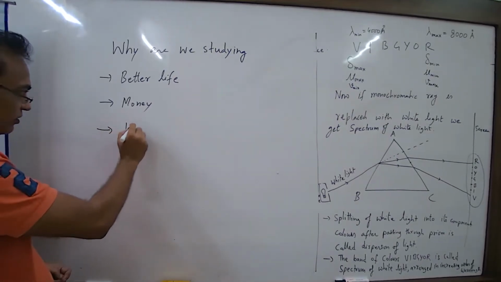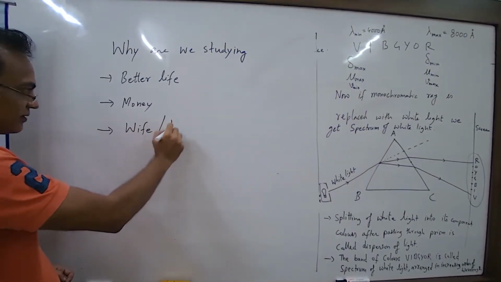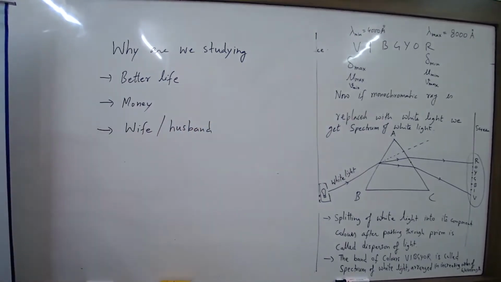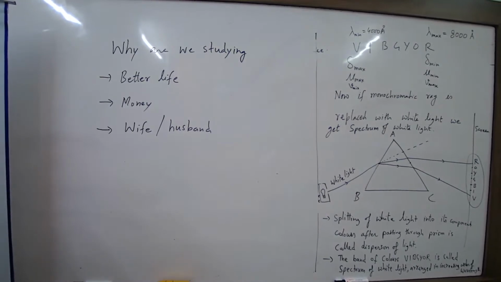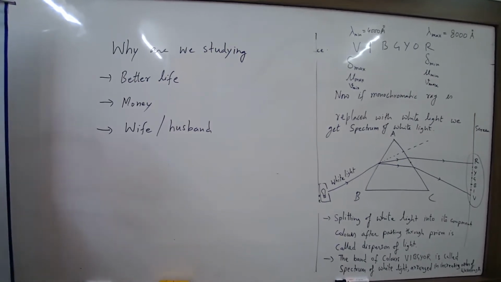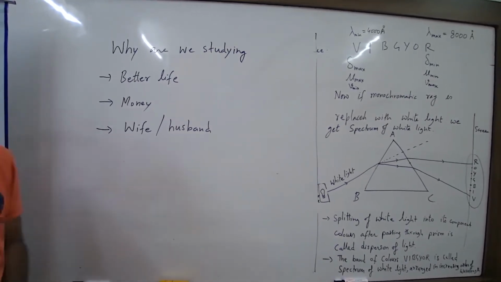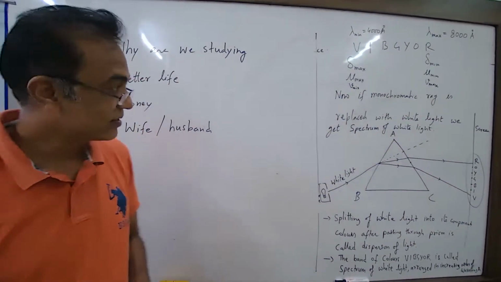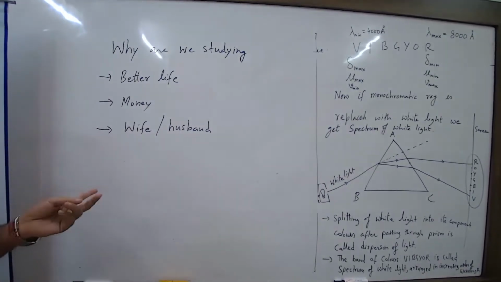So good wife or husband. These days wife needs a good husband, no more dependent on parents, right? So they will judge you, पढ़ा लिखा है कि नहीं. ठीक है, getting a good wife needs you to be qualified better, likewise getting a good husband also; the wife has to be highly qualified these days. ठीक है, so it is in your interest.